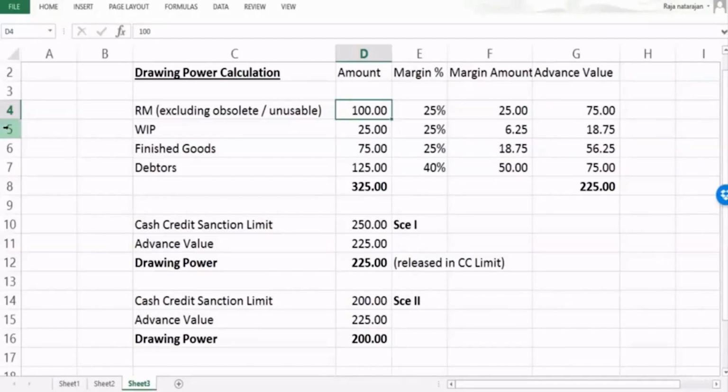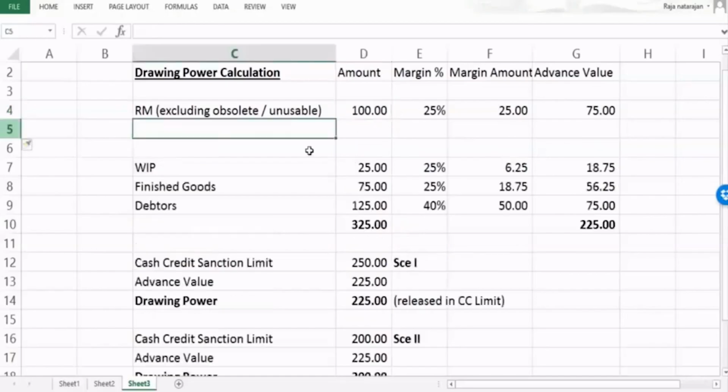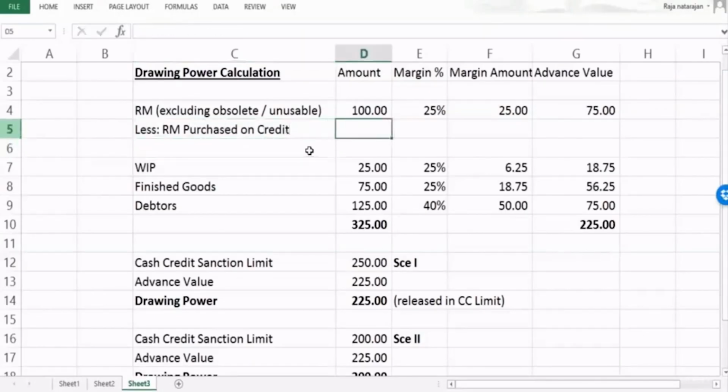Okay, so let me just introduce two rows. Here I'm going to say less raw material purchased on credit. Let's say of this 100, I have raw material worth around 40 which is purchased on credit.